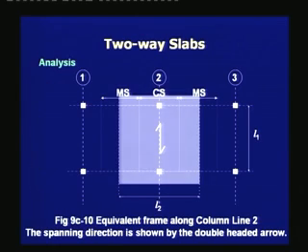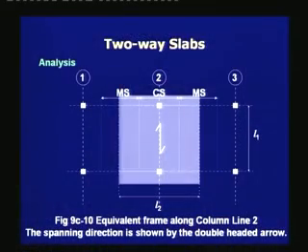Let us try to understand the concept of equivalent frame by this sketch. As I had told before, the equivalent frame is defined in each orthogonal direction. That means in this figure, once we see the plan, we identify a column line. Say in this case we have identified the column line 2, and for the column line 2 we are defining an equivalent frame which is spanning in the direction of the column line.